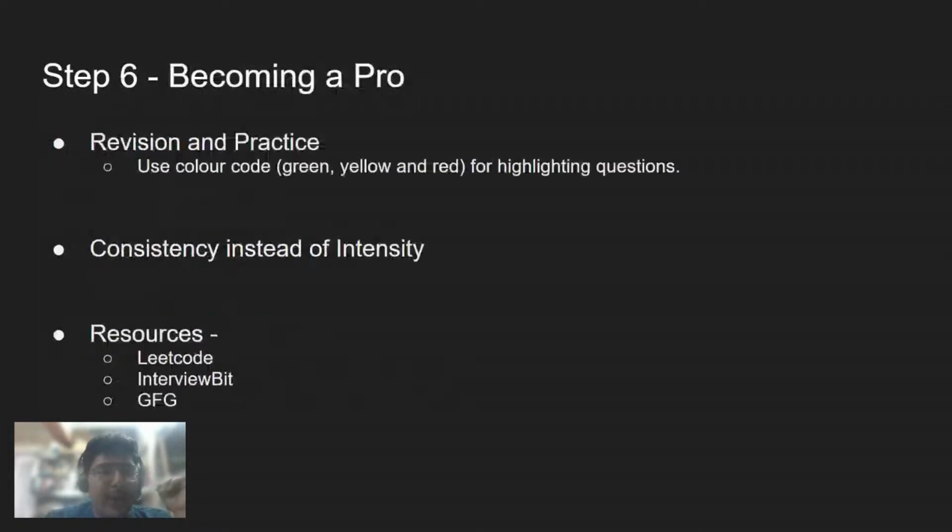And the final step, like you can see in the heading, is becoming a pro. And how do you become a pro in DSA? By revising and by practicing. Revision is extremely important.